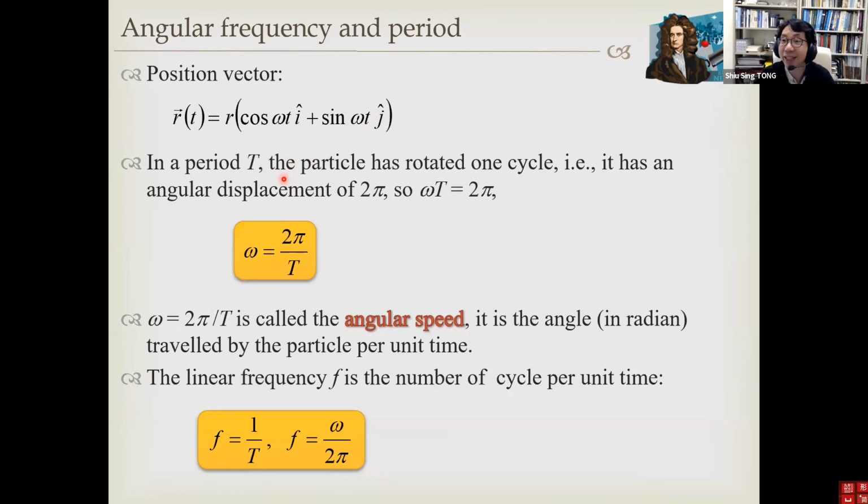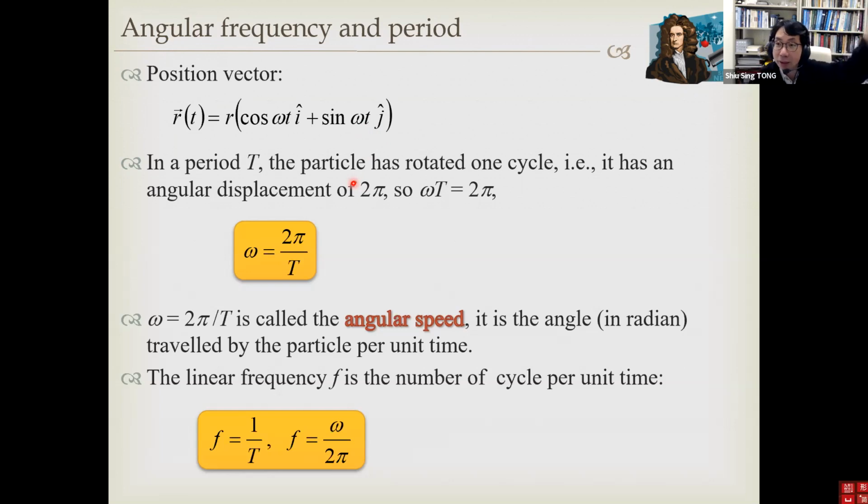That is called a period, right? So that means when the time t is equal to the capital T, which is a period, then the angle being described by omega t will go through a change of 360 degrees or 2 pi. Is that right? Because 2 pi means a whole circle.